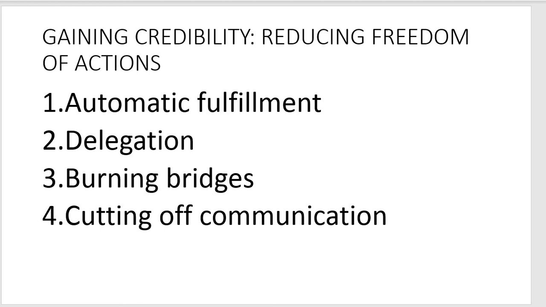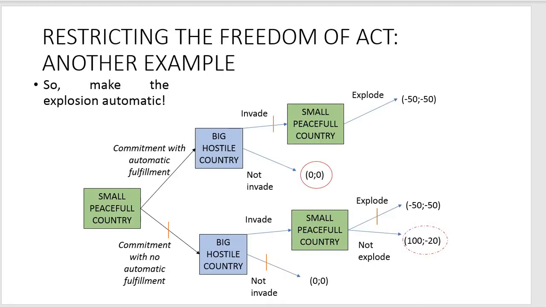When it comes to automatic fulfillment, we already discussed this based on the big hostile and small peaceful country example. If you introduce automatic fulfillment of your threat, like again, the explosion will occur automatically, then it makes you more credible, because as I mentioned before, normal people are really unlikely to do something radical in this situation.